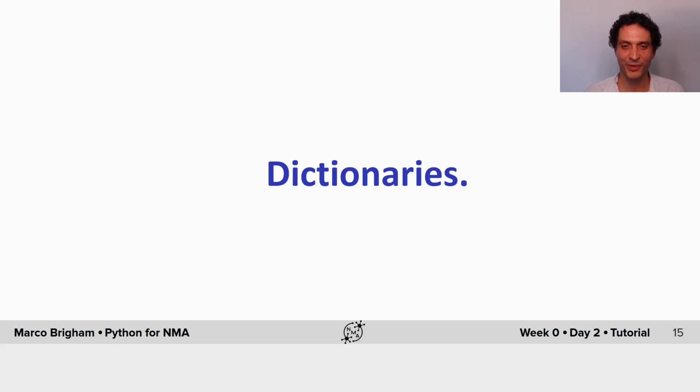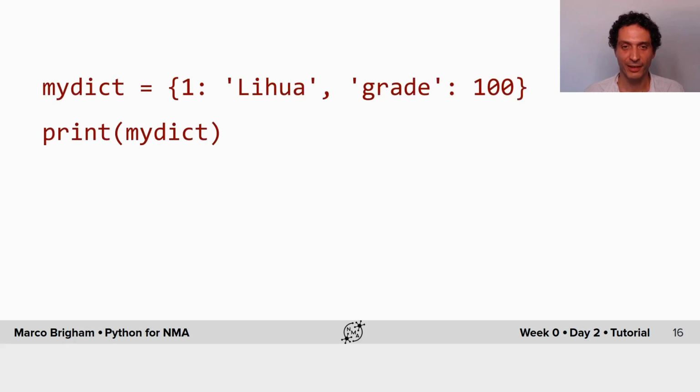Welcome back. Now let's talk about dictionaries. Dictionaries are another container type in Python where we have key-value pairs. So here we're defining a dictionary with key 1, integer 1, that has a value lihua, string, and another key called grade, so a string grade that has value 100.